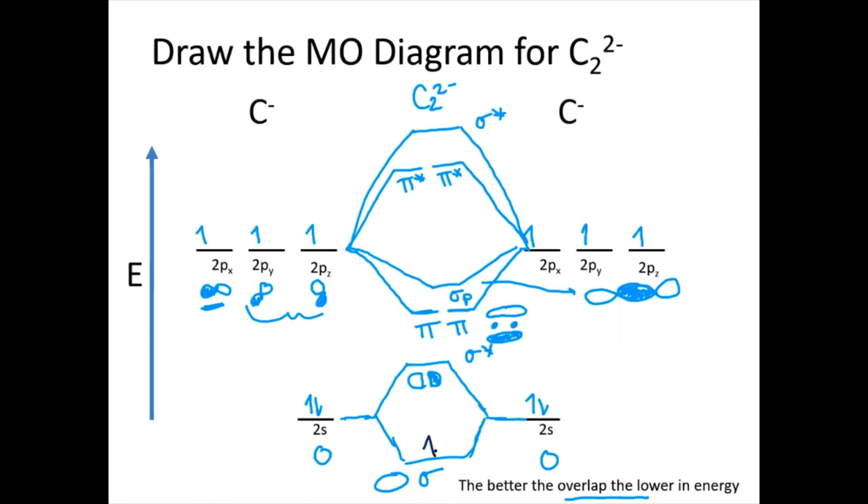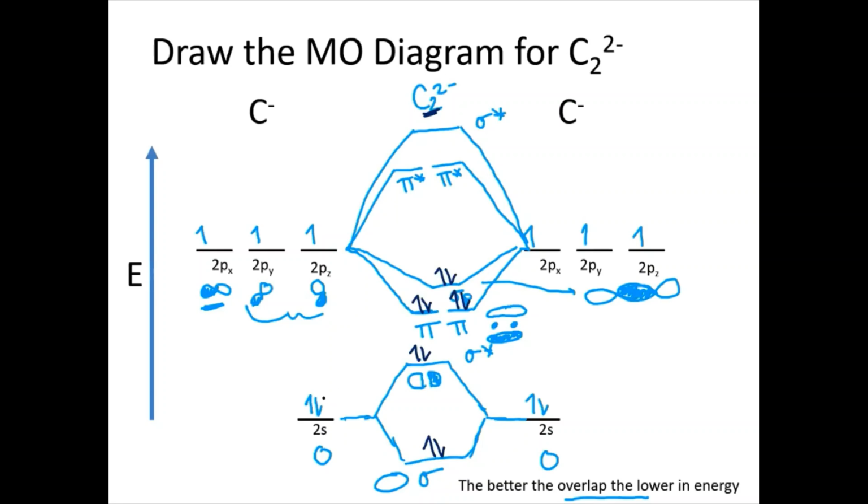So I'm going to take and put 1, 2, 3, 4 electrons there. Okay. Now for this carbon, I've got 1, 2, 3, 4, 5, 6 electrons. So here I'm going to put 1, 2, 3, 4, 5, 6. Okay. So now all of my electrons are in my molecule.